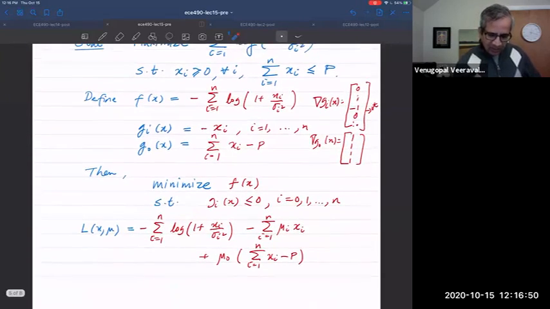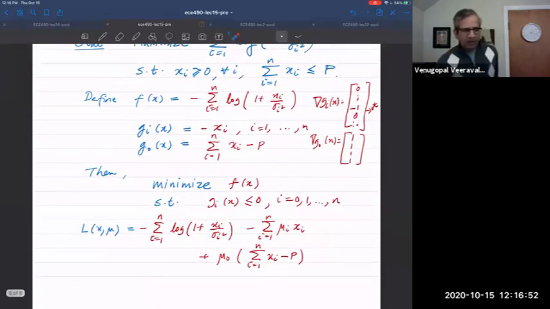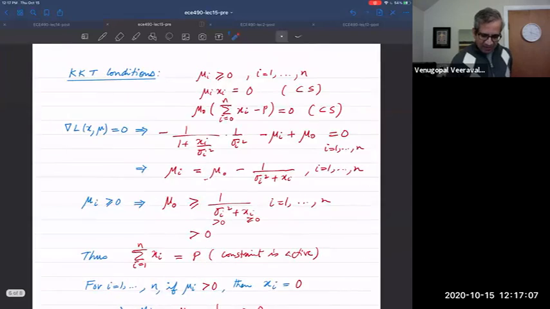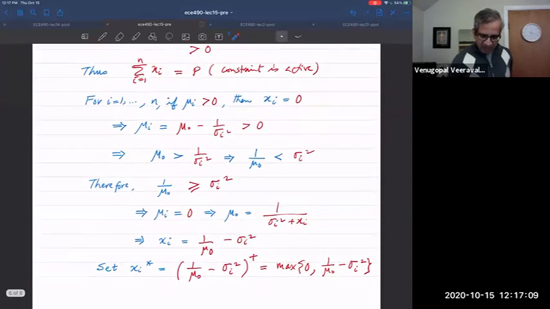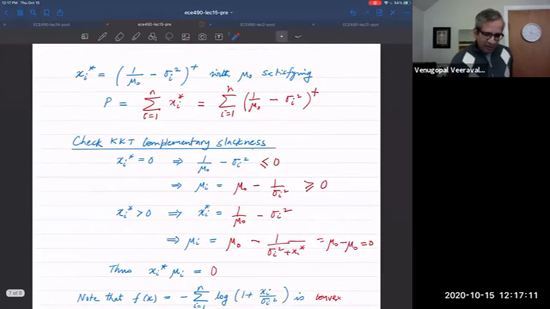So a lot of times when you try and solve an optimization problem analytically using KKT conditions, you might be able to guess the answer first, right? In fact, in this particular example, if you had good intuition for the problem, you might be able to guess that the xi star should be of this form.